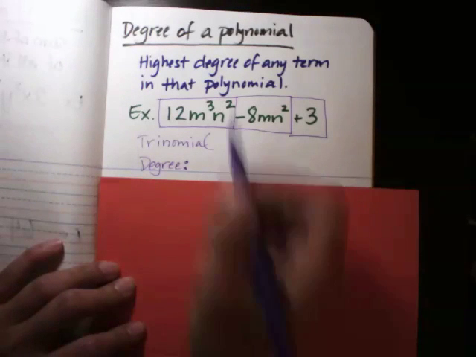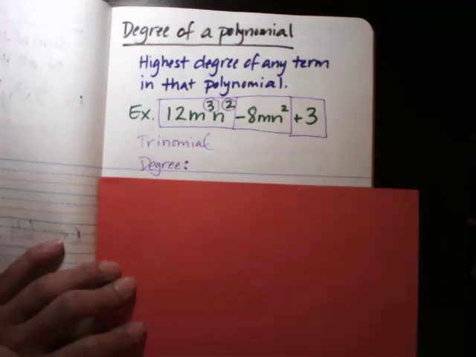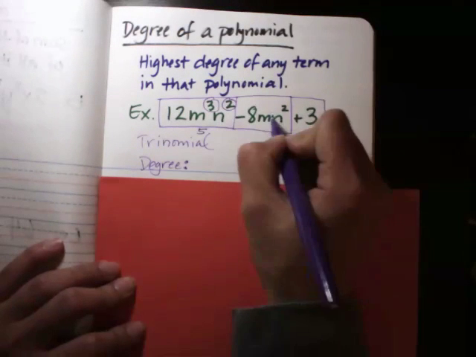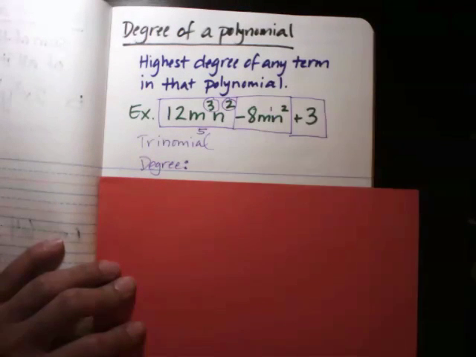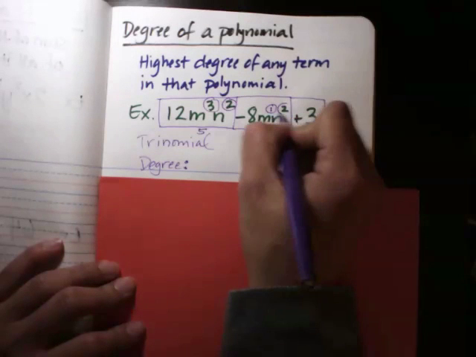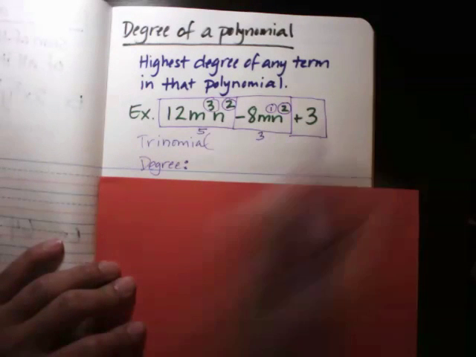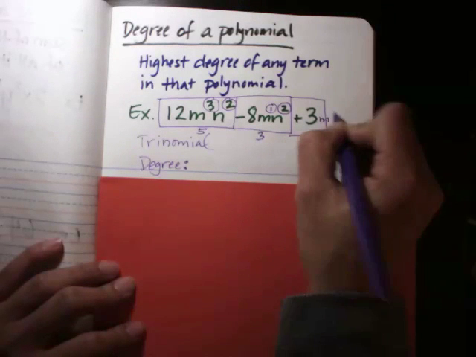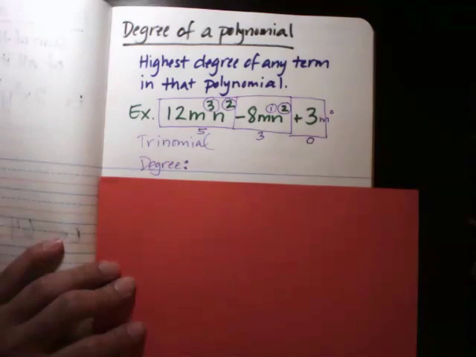Here we have 3 and we have 2. So the degree of the term number 1 would be 5. Here we have m. You don't see an exponent, but you know that it is 1. So you have 1, you have 2. The degree here is 3. The degree here, there's no variable. If there was, say there's an m here, it would be to the 0 power. So your degree here is 0.